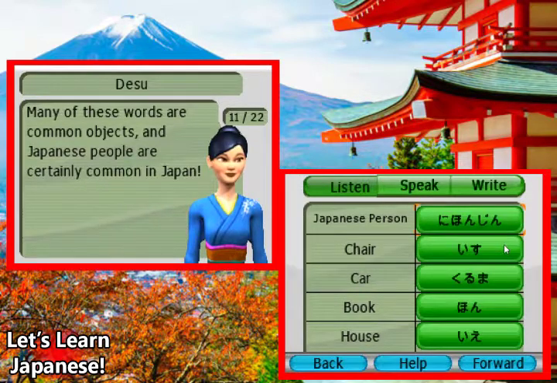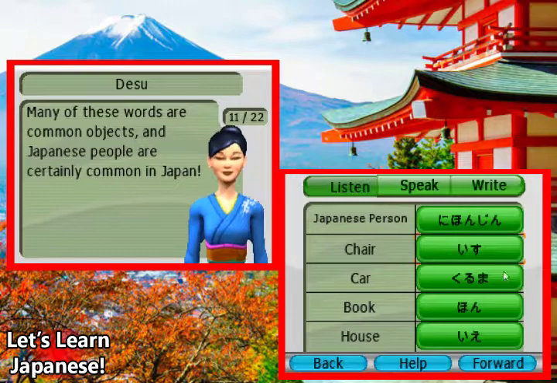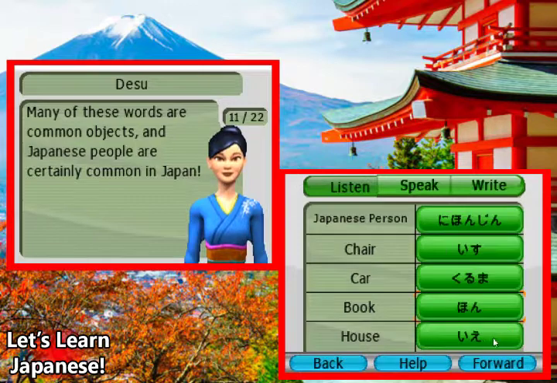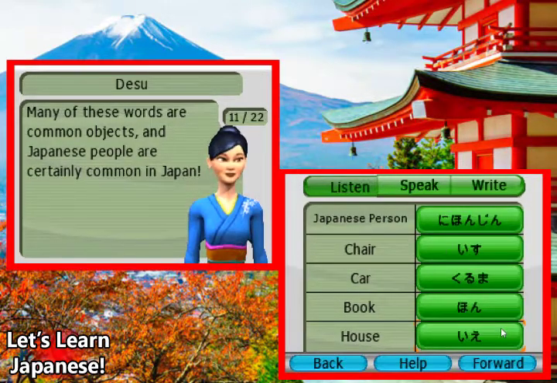Chair is isu. Car is kuruma. We've seen kuruma before in one of the examples that she had for us earlier. Book is hon, 本. And then house is ie, 家. Which is similar to like no, which is ie.